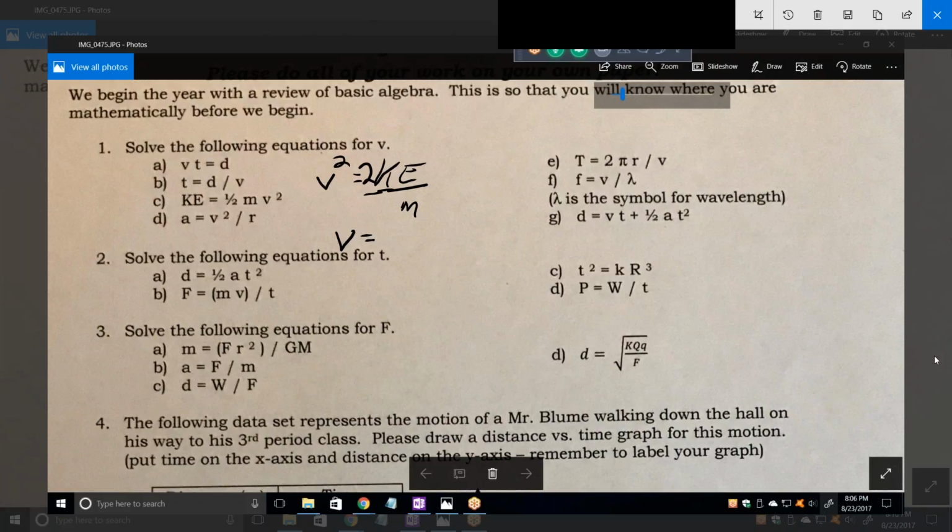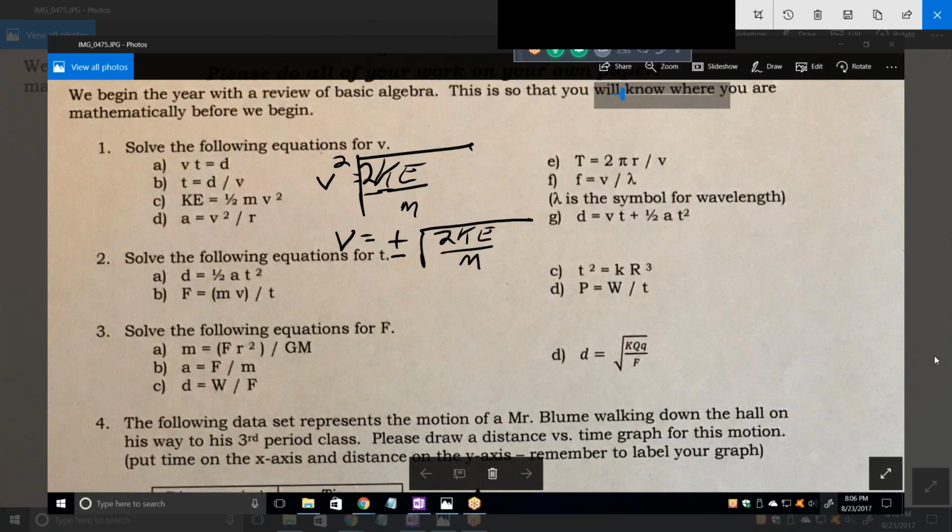Square root of? Plus or minus. Oh, plus or minus. Everybody forgets that. But you will lose points if you forget. And then you're taking the square root of everything. So what goes on the inside is 2KE divided by m.